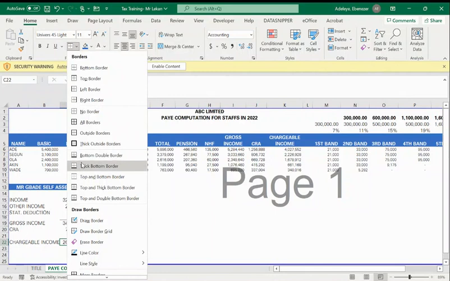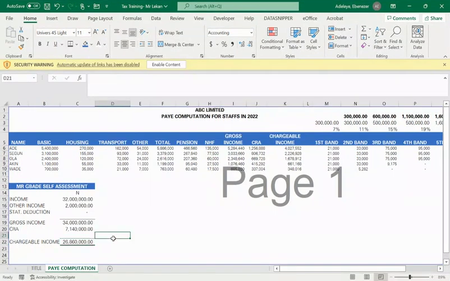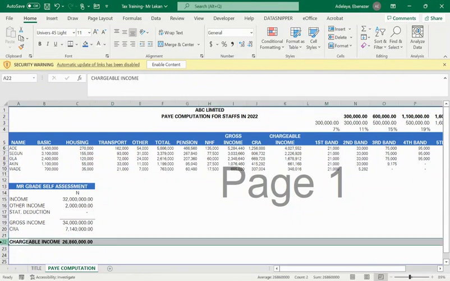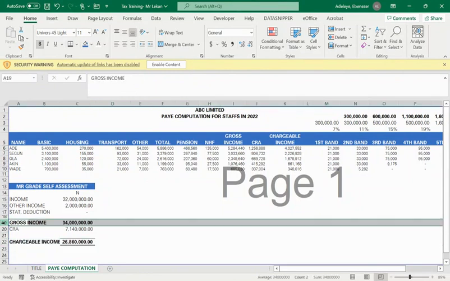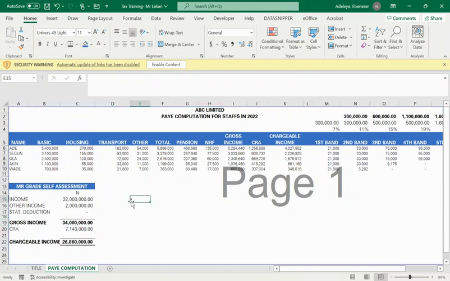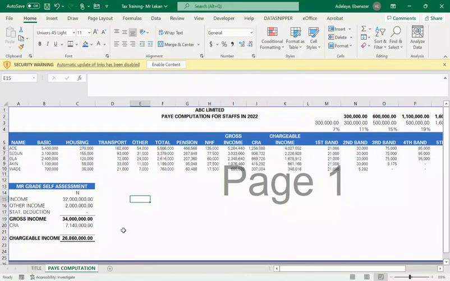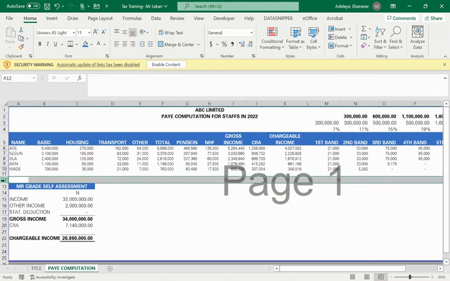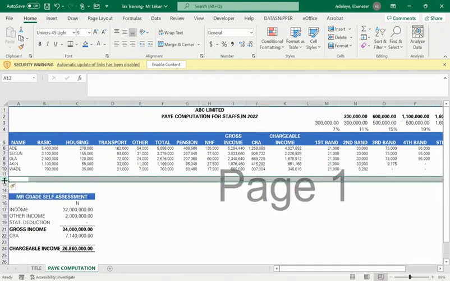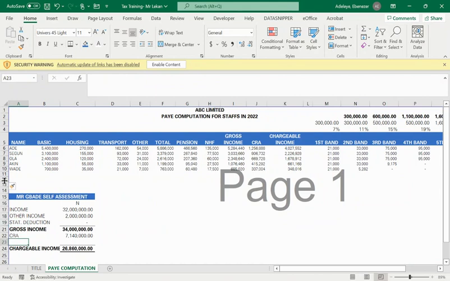We can make this bold. Shift this upward very well. So now that we have this, we can plug it into our format that we already created. We already have the chargeable income, right? Let's include our chargeable income here.